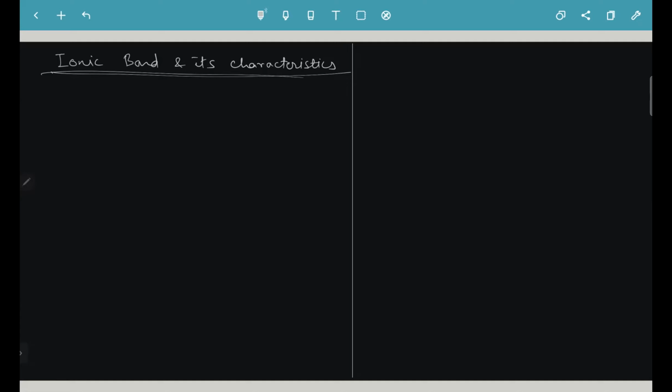So we can say that ionic bond is formed by transfer of electrons from metal to non-metal.